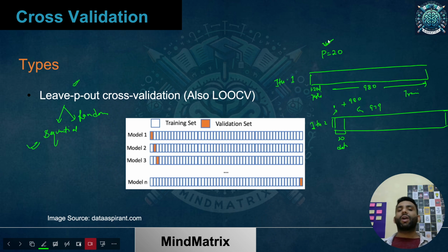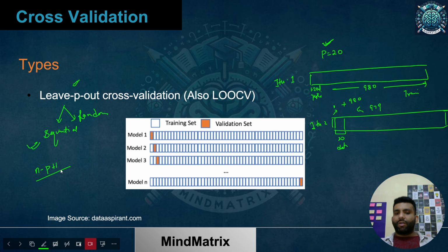I guess n minus p would be the value, or not? If it is 1, you are going to n minus 1, yeah, n minus p plus 1. Yes, n minus p plus 1.